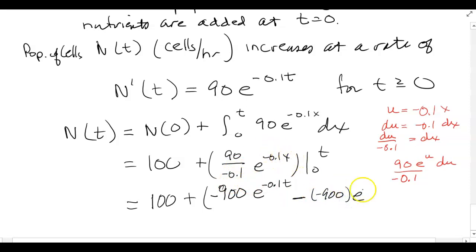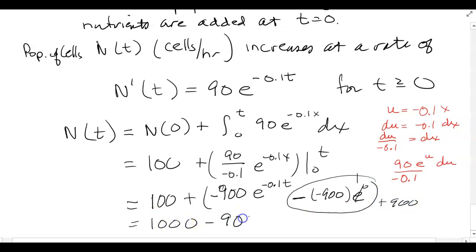And when you plug in 0, you get e to the 0, which just comes out to 1. So this ends up becoming plus 900. So this becomes 1,000 minus 900 e to the negative 0.1t. And that ends up being our function.